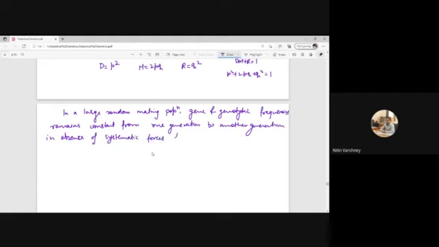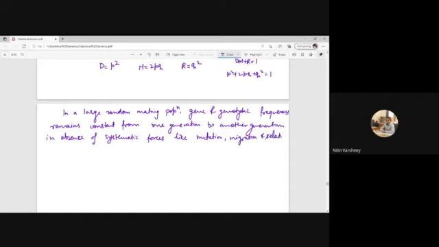What are the different systematic forces? Mutation, migration, and selection.